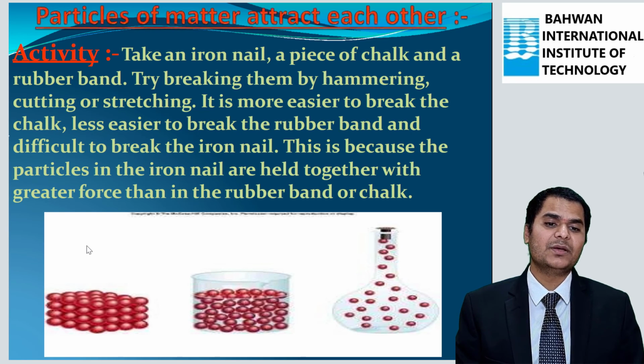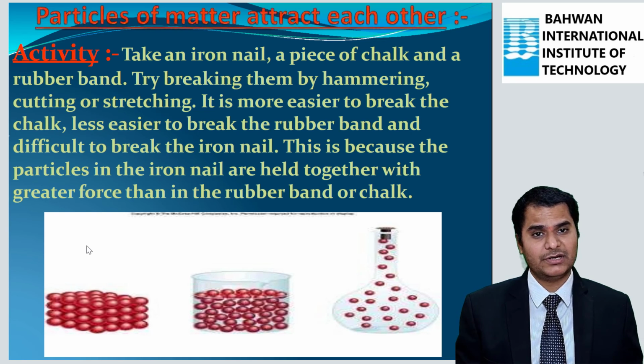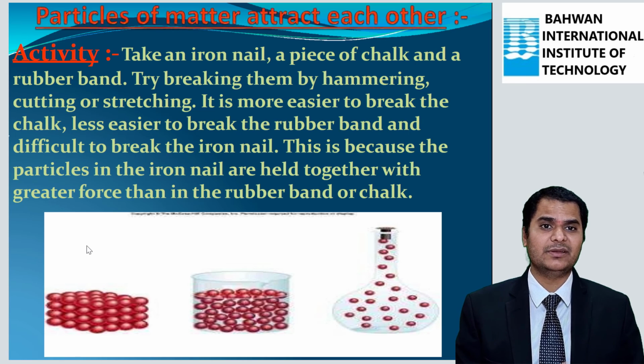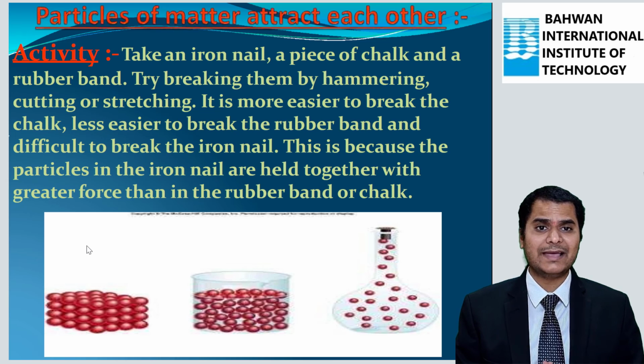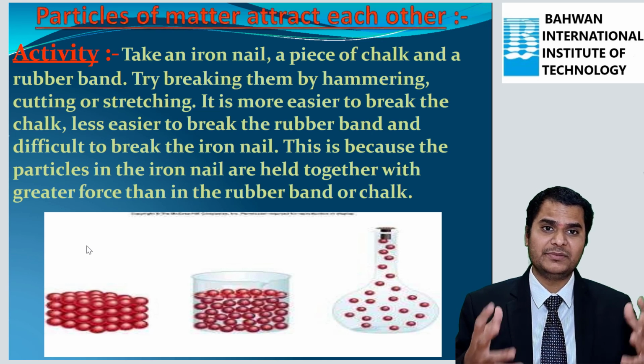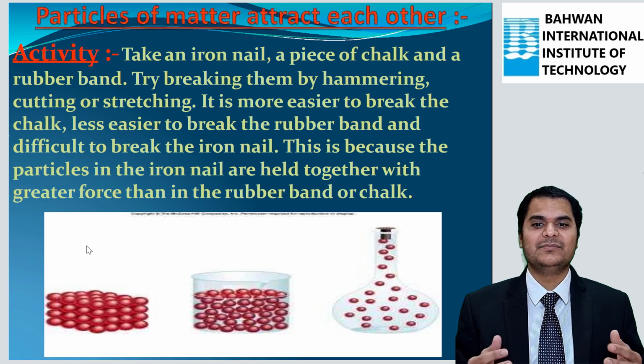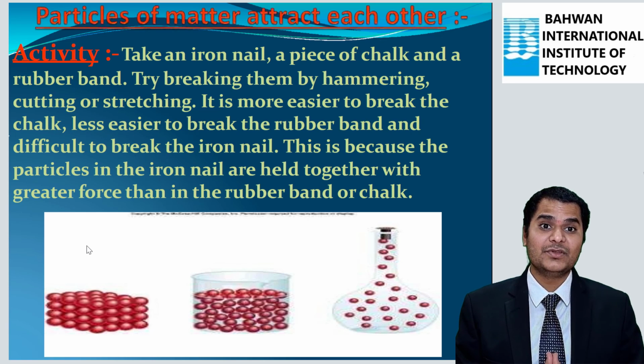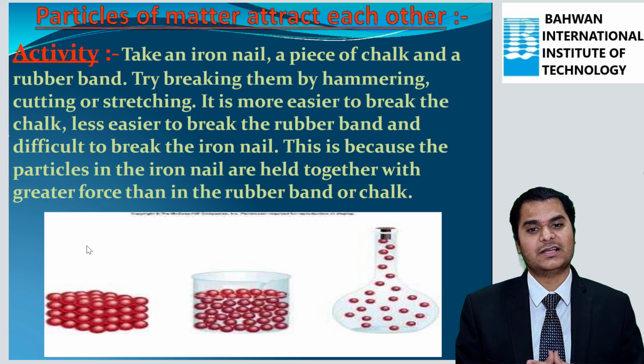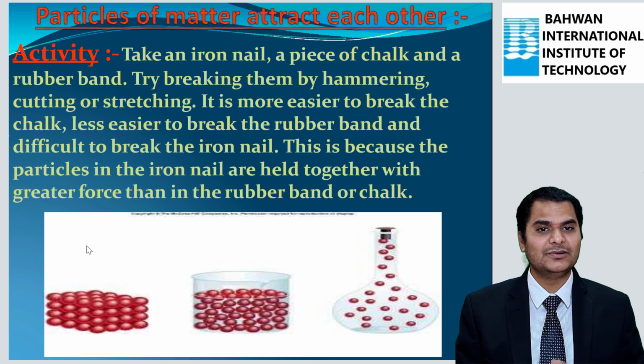So why is this happening, when all are solid matter only? This is because in the iron nail there are so many millions of trillions of iron atoms, and between the iron particles there are strong intermolecular attractions working, so it is very difficult to separate them.